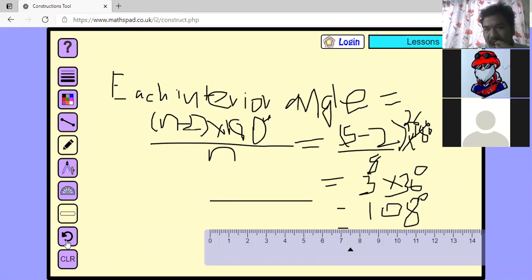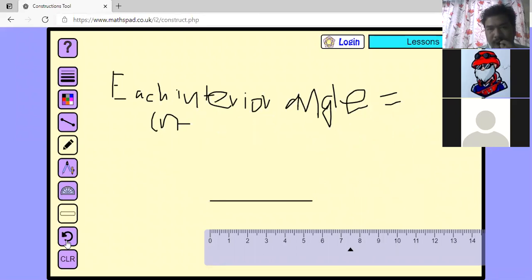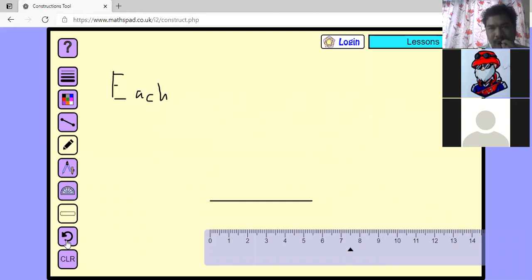Then we are using this 108 degree to construct the regular pentagon. Look, I have cleared all the findings.